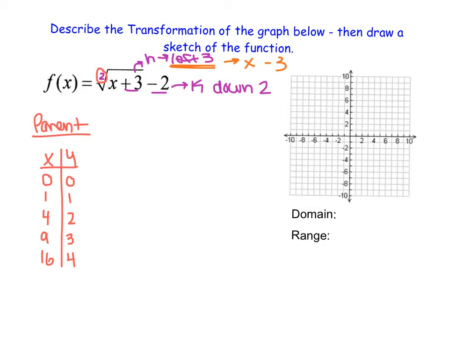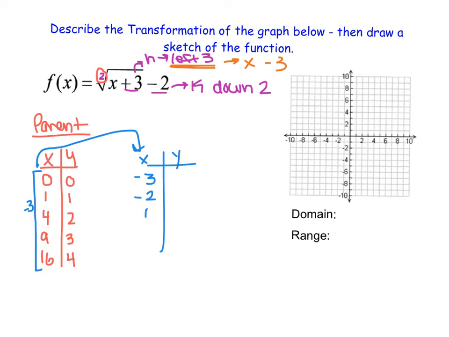As I transform my graph, I'm going to write a new one over here. I'm going to take all of these values and subtract 3 from them as I move them over here. So I have -3, -2, 1, 6, and 13.